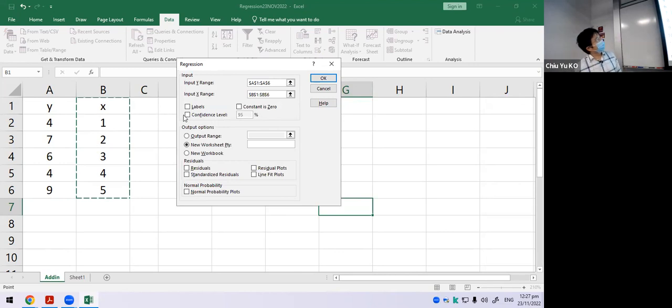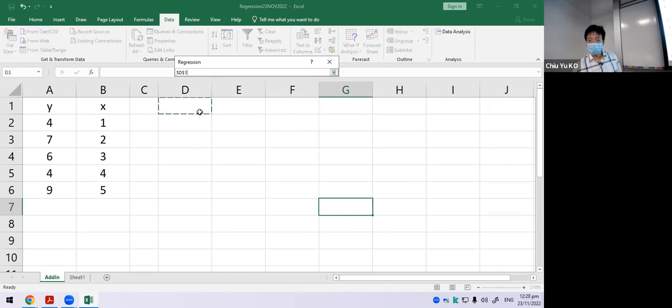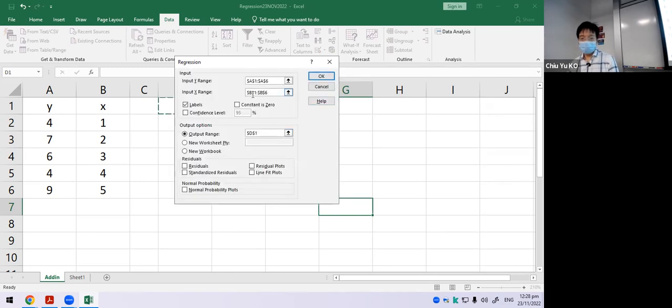For data, we have labels, so just click Labels. You don't really need to worry about this because 5% is the default already, unless you want 90%, so you just keep it there. And just tell it the output range. Usually we want to output in the same sheet so we can look at it. Now you're done. So basically telling X, telling Y, telling your labels and where the output goes. Click OK, then you're done.